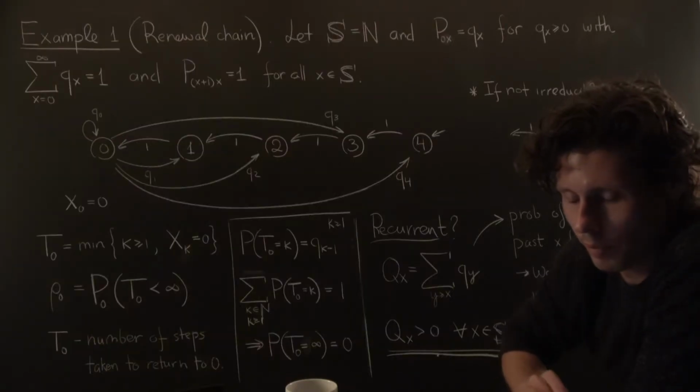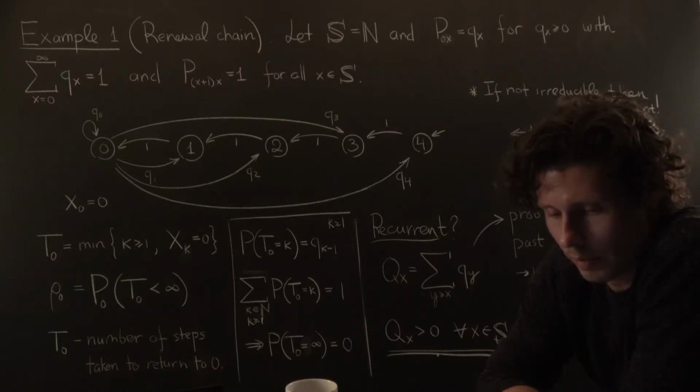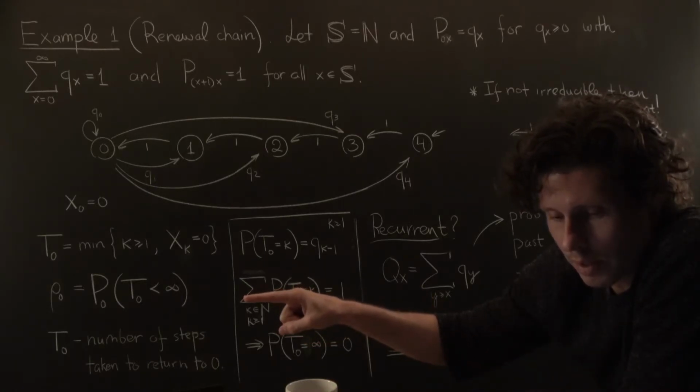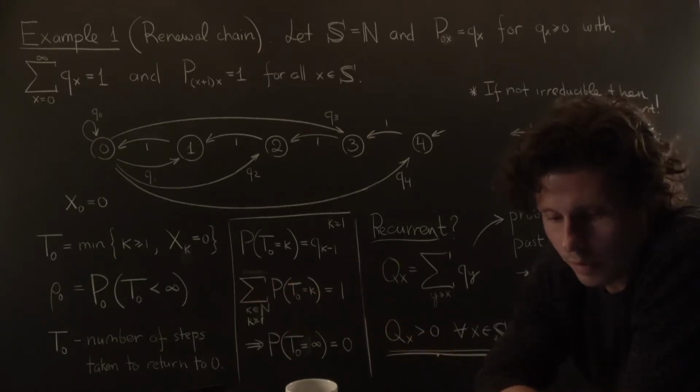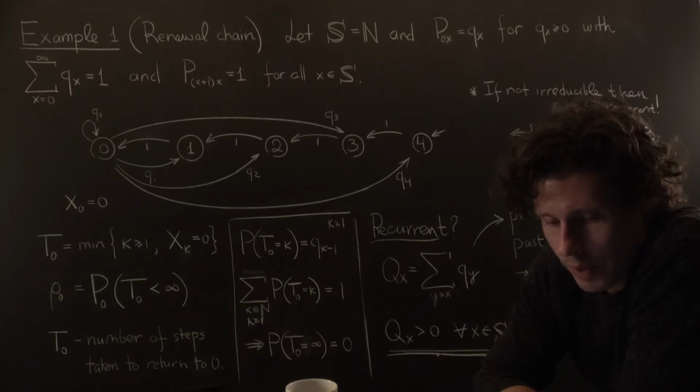Here it's the minimum over k greater than or equal to 1. They're the same exact definition, just to show you can write it differently with no harm. And the row that I'm concerned about is this one, row 0. Starting at 0, you want the return time to 0 to be finite. We're going to be trying to prove that rho naught is 1.